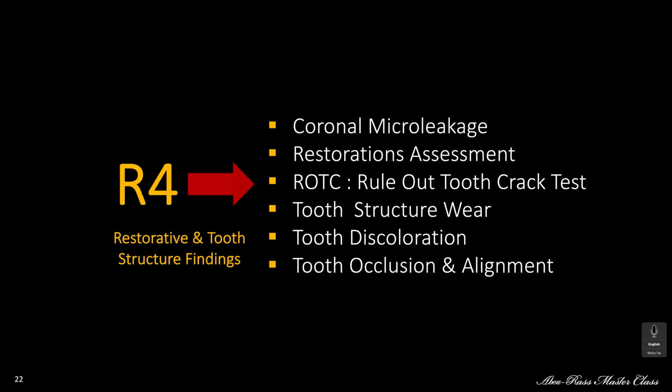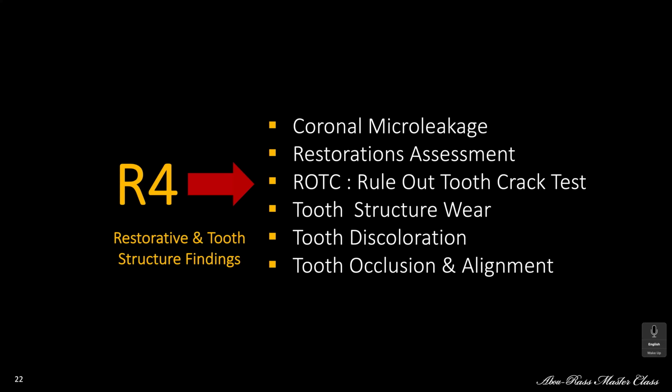Now we come to the last part, which is the 4R operational diagnosis, R4. And this is the most important part. The heavyweight in the 4R operational diagnosis is R4. Here, we're going to look for restoration qualities, specifically coronal microleakage. We're going to rule out tooth cracks, and we're going to evaluate erosion and attrition.